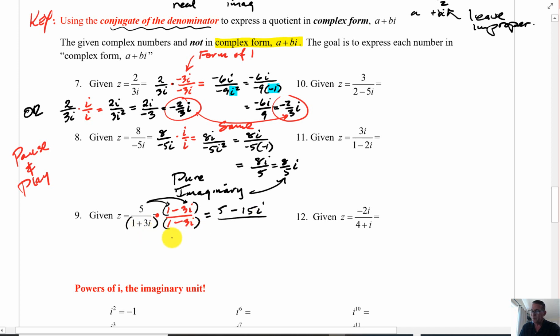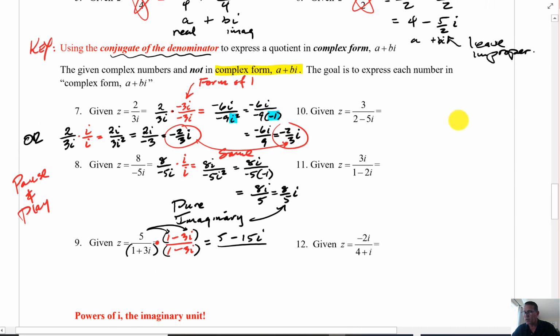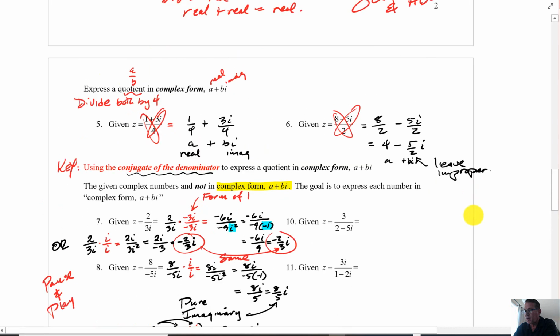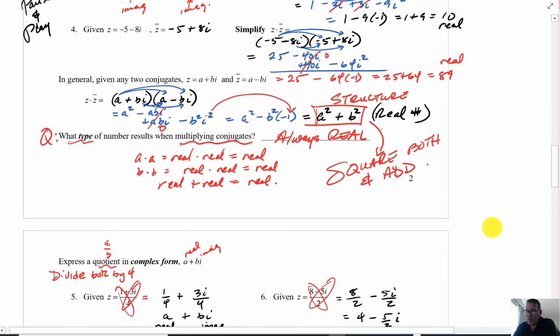And then down below, you could multiply using FOIL, or you can use structure. To make this really fast, you just square both and add. Let me go back to this right here. Whenever you multiply conjugates, it's always equal to a real number, and the real number is found by taking both a and b, which are the numbers in the complex number.